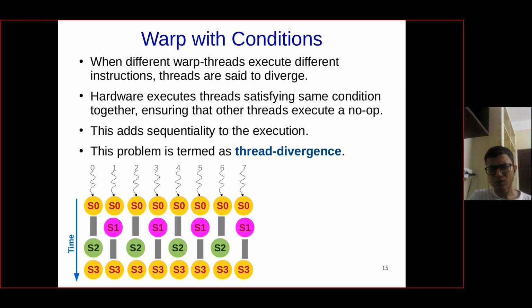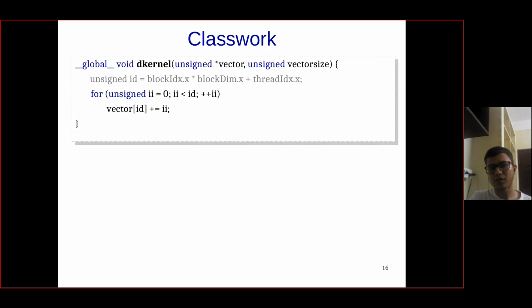Okay, so moving on. I have a small code snippet here, and inside this code snippet, let us assume again that this kernel is launched with 32 threads. Inside this kernel we are again calculating the ID, and then we have a loop here which goes from 0 to ID, and we do some computation inside that loop.